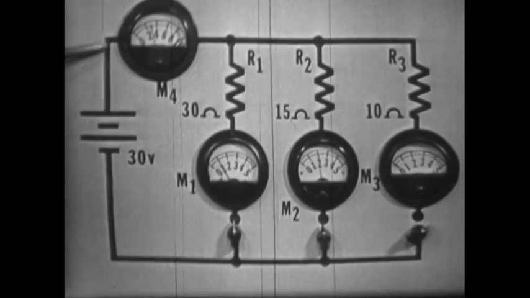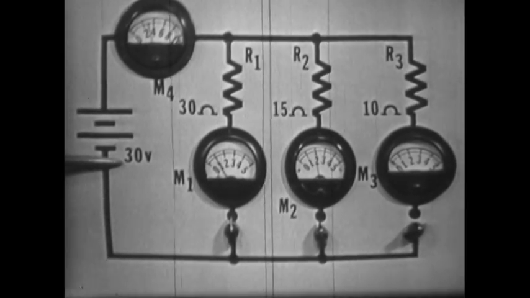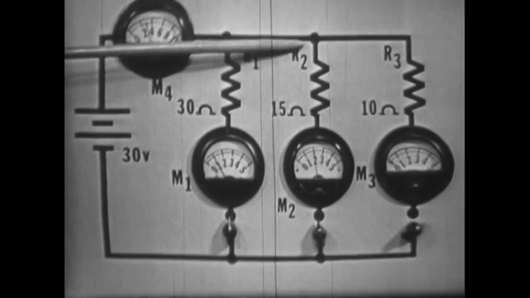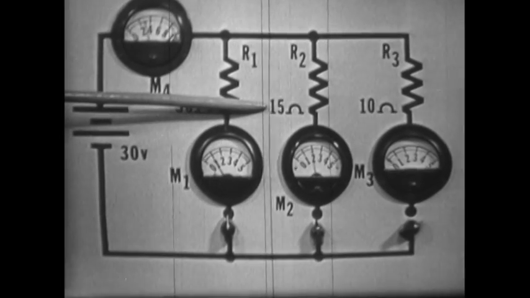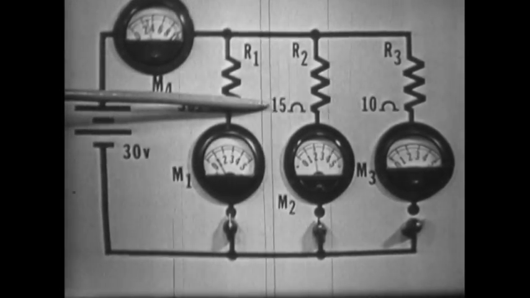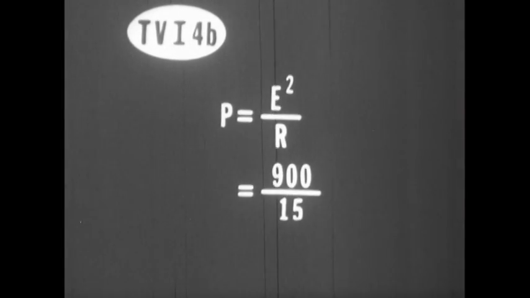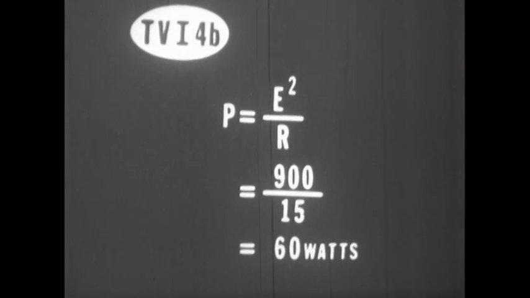Across the circuit, we have 30 volts. The resistance of branch 2 is 15 ohms. Substituting these values into the formula, we have 900 divided by 15, which gives 60 watts of power dissipated by branch 2.